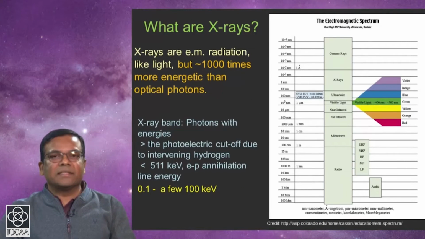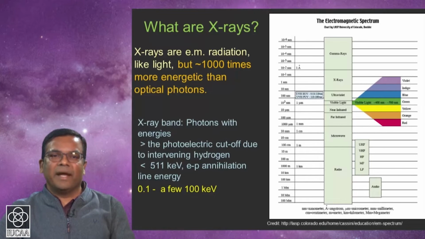So, what are X-rays? X-rays are electromagnetic radiation just like light, but they are something like 1,000 times more energetic than optical photons. The X-ray band is very wide, defined by photon energies greater than the photoelectric cutoff due to intervening hydrogen, and less than 511 keV, which is the electron and positron annihilation line energy.